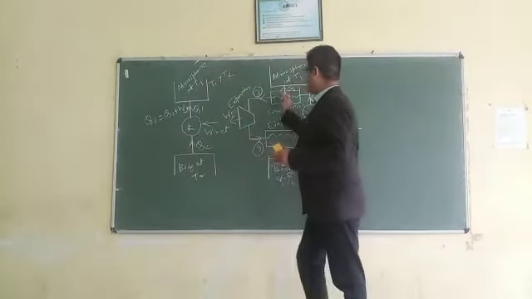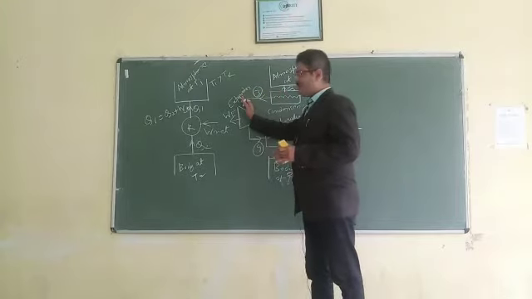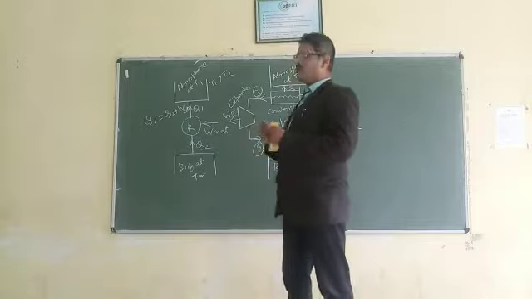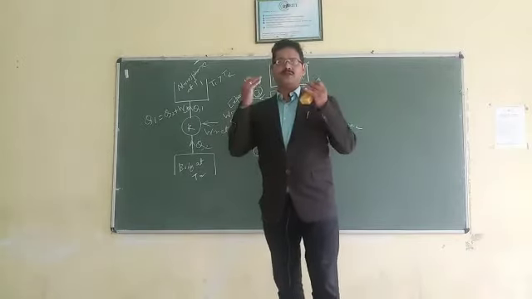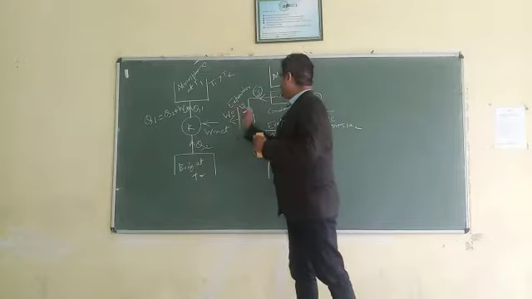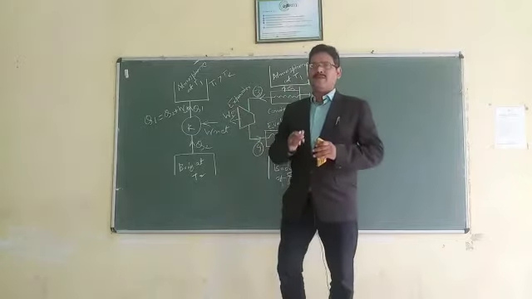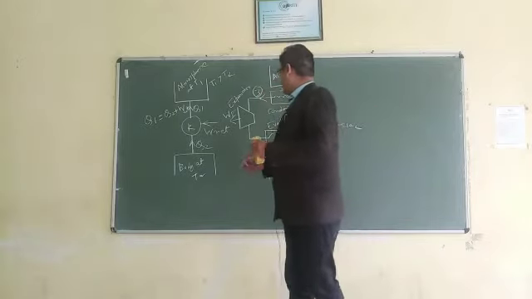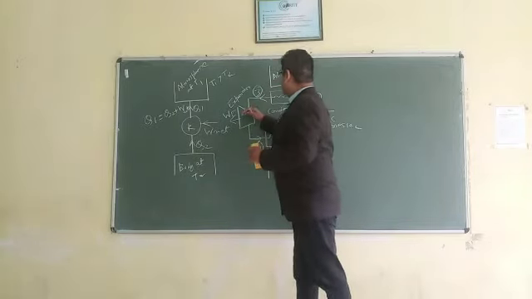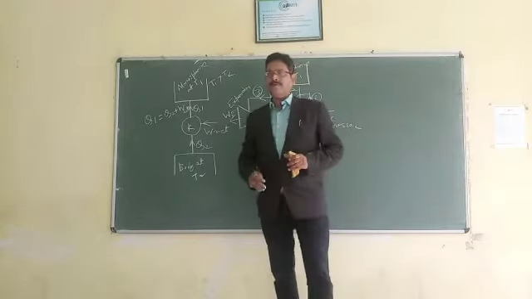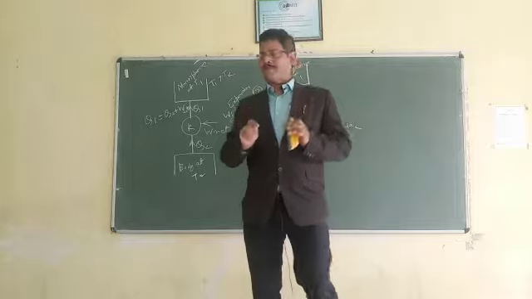After that, it enters the expander. In the expander, it expands, and you know that the process of expansion is just the reverse of compression. So when it expands, its pressure drops and temperature also drops. The low pressure, low temperature refrigerant enters the evaporator to start a new cycle.